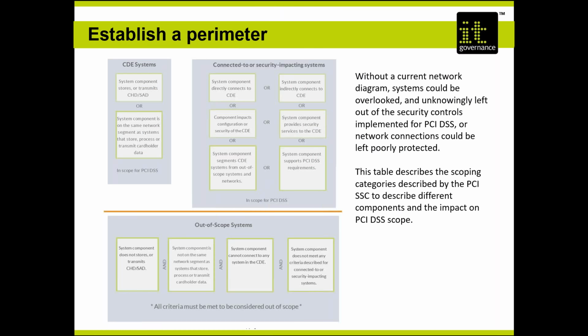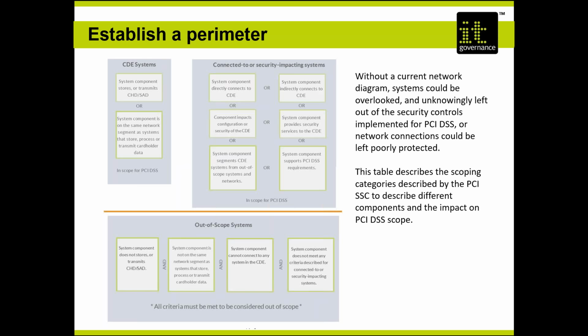So there are some key concepts within PCI DSS, but we're going to have to establish a perimeter of what is cardholder data, which are CDE systems, which systems are connected, and which systems are out of scope. So what you can do is take your data flow diagrams and compare them to an up-to-date network diagram where relevant.